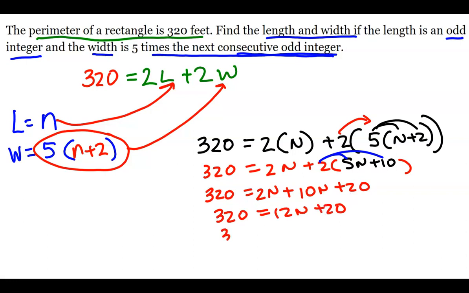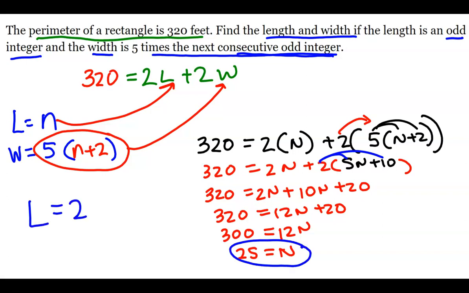I'm going to subtract 20 from both sides. And now I'm going to divide 300 by 12. And that gives me 25. Okay, so 25 is equal to n, which means 25 is the length.